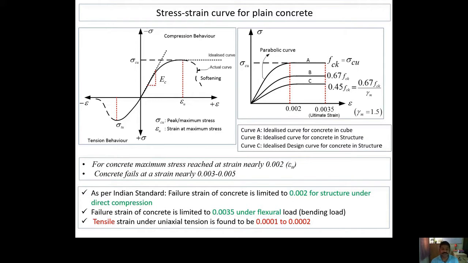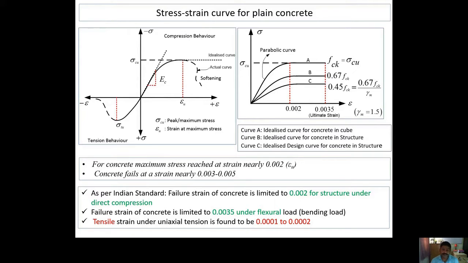Basically, the sigma cu value will come at a strain of 0.002, and concrete will fail at a strain of 0.003 to 0.005. Thereafter, if you continue the test, you will get the softening part, and at a strain of 0.003 to 0.005 you will get the failure load.